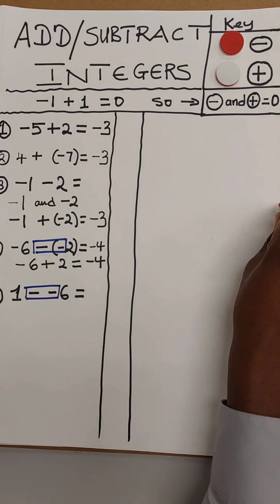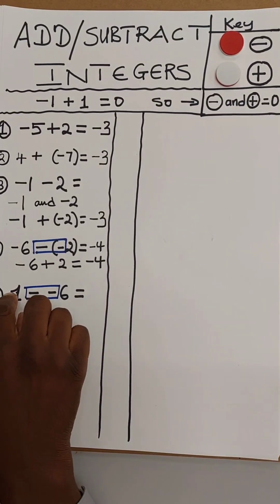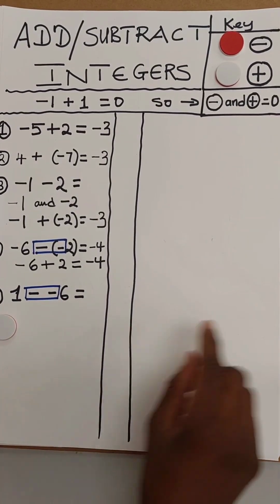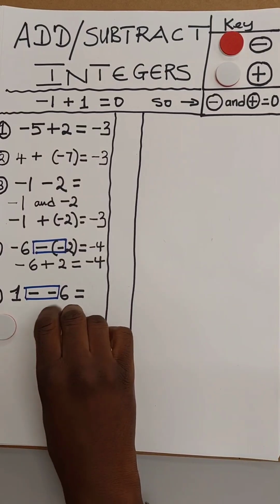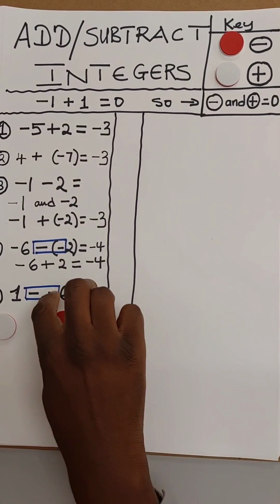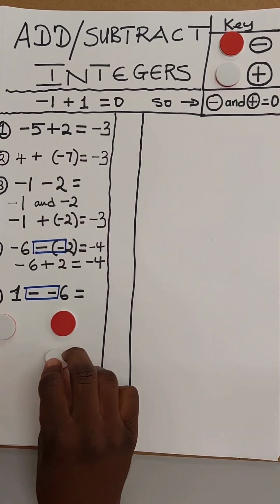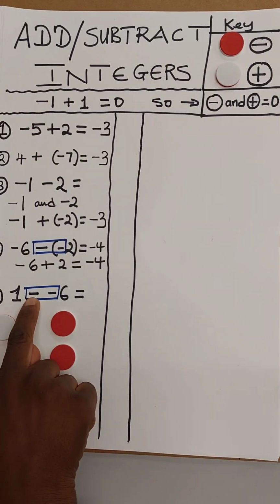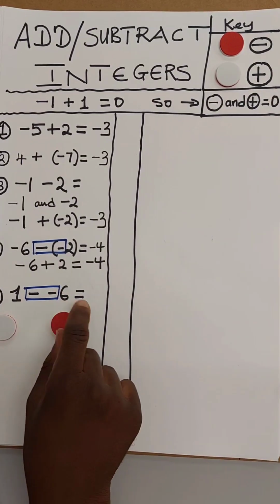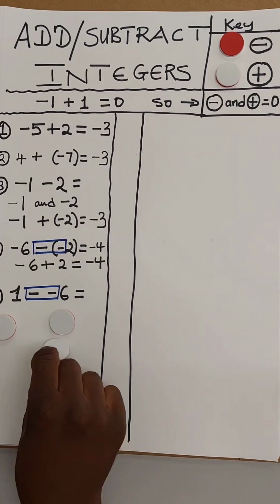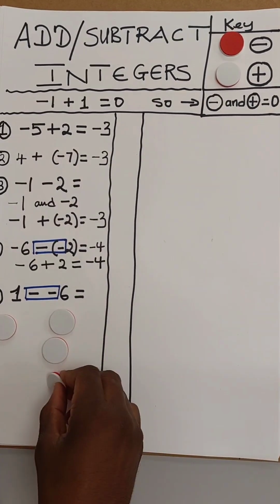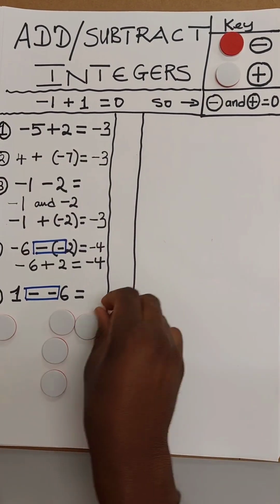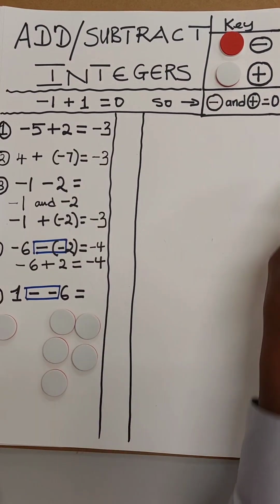So let's start off with one white chip because this one here is positive. Now we were getting ready to put negative 6, we were getting ready to put 6 red, but this other negative flips them to white. So it's going to be now 6 white chips over here.